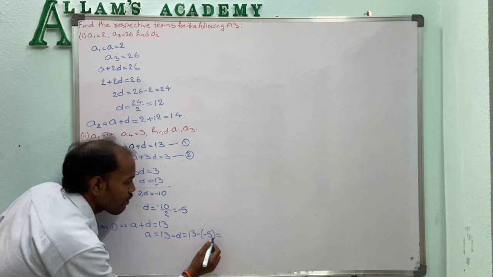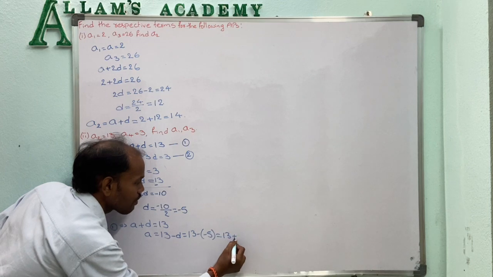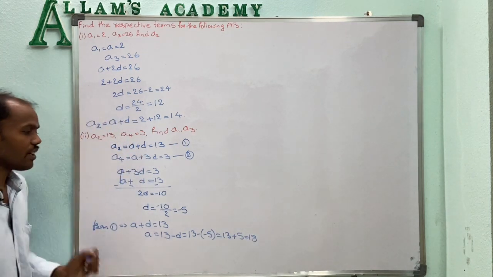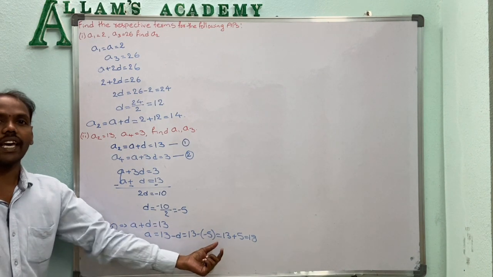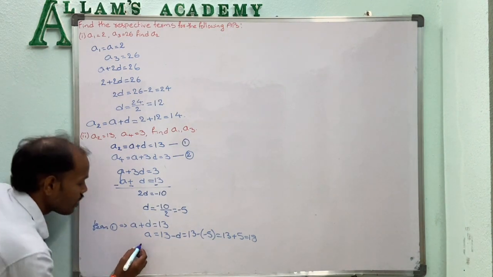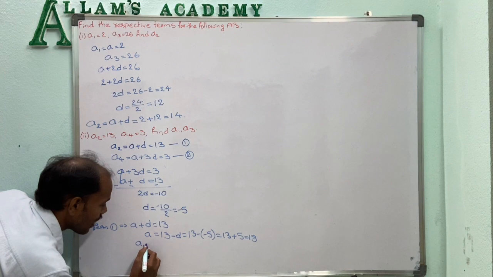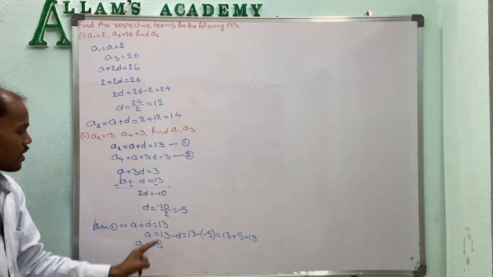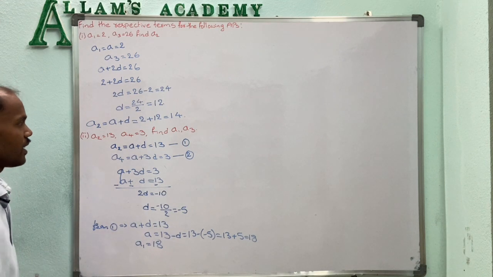So minus of minus 5 is nothing but plus 5. 13 plus 5 is 18. So the first term a is 18. So A1 is equal to 18. They asked for the first term, and the first term we found is 18.